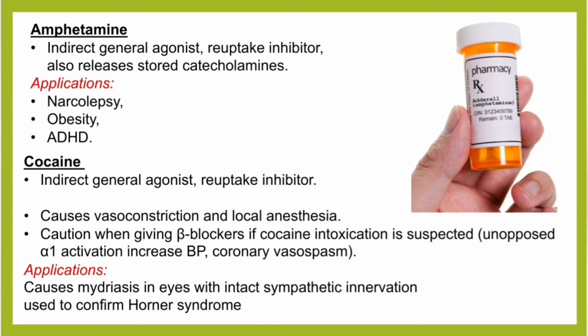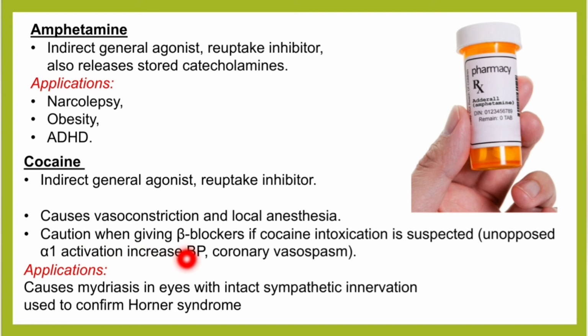Cocaine causes vasoconstriction and local anesthesia. So if we suspect cocaine intoxication, we shouldn't give beta blockers to these patients because it will cause unopposed alpha-1 activation, which will increase blood pressure and cause coronary vasospasm.